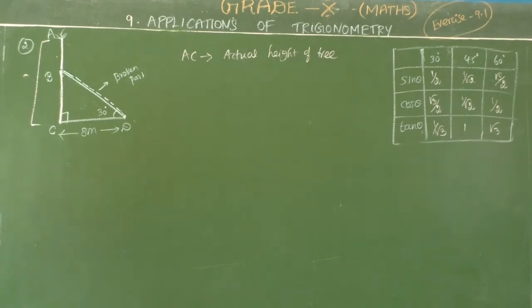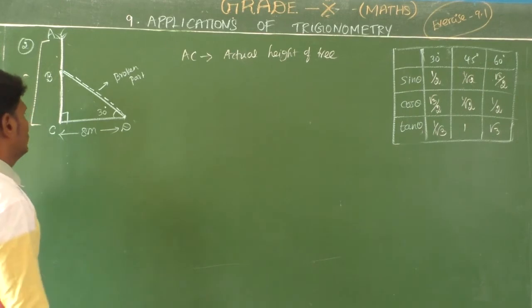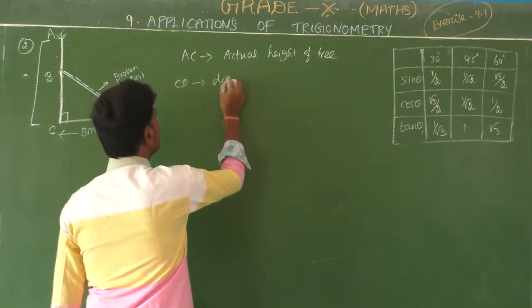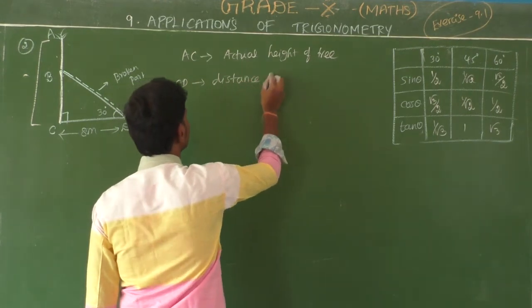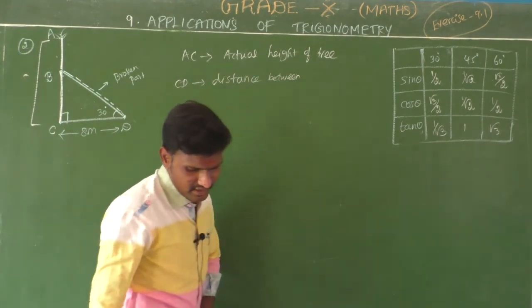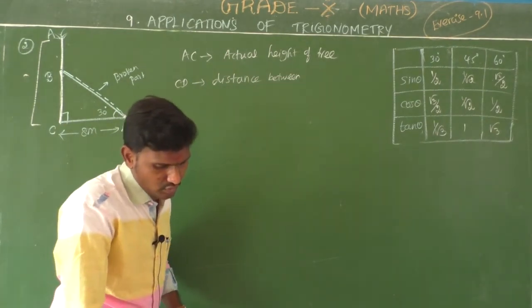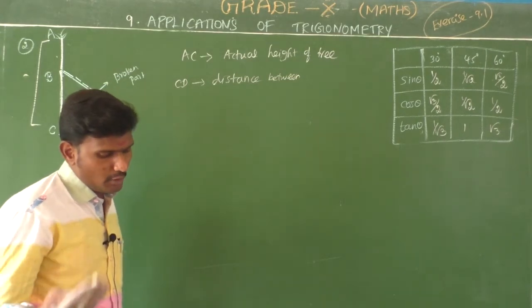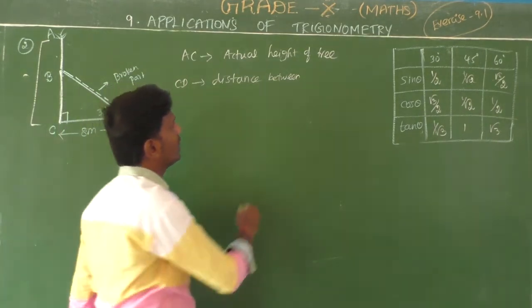And the angle of elevation is 30 degrees. Now CD is the distance between the foot of the tree and the point where the top of the tree touches the ground.